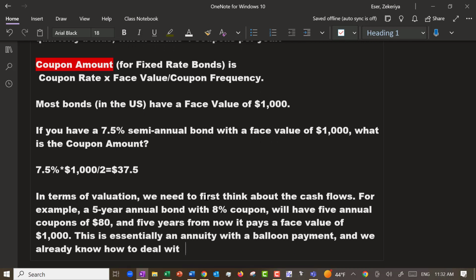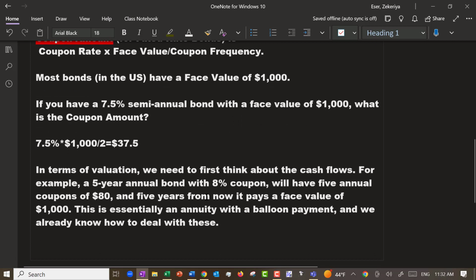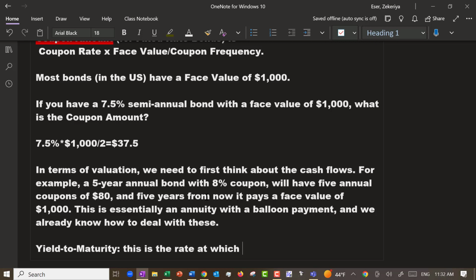We're going to introduce another term. We're going to call it yield to maturity. This is the rate at which market is discounting the cash flows from that bond.